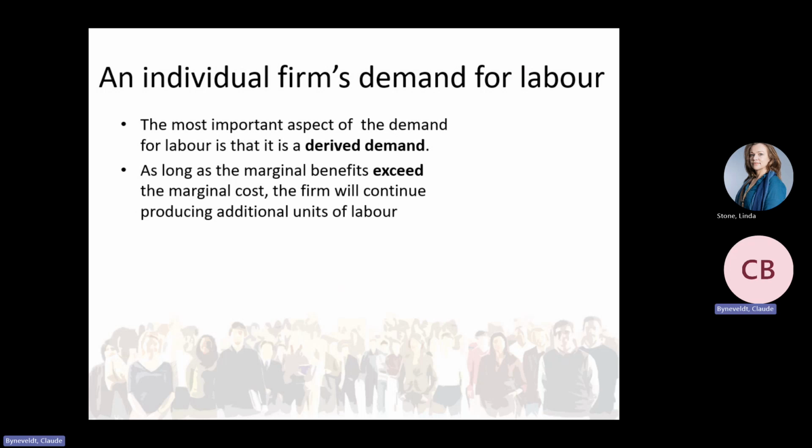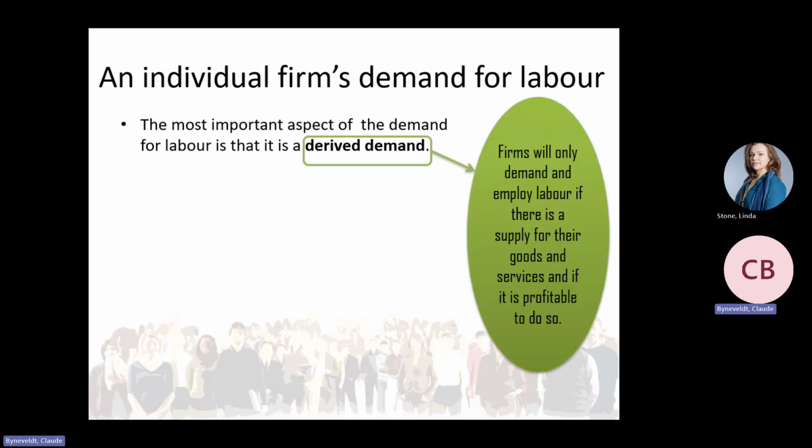The most important aspect of the demand for labor is that it is a derived demand. What is the meaning of a derived demand? Firms will only demand and employ labor if there's a demand for their goods and services, and if it's profitable to do so.